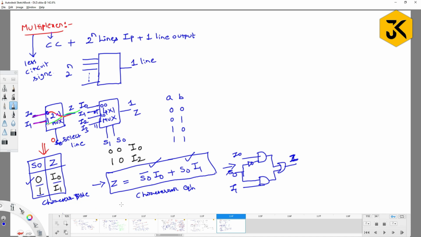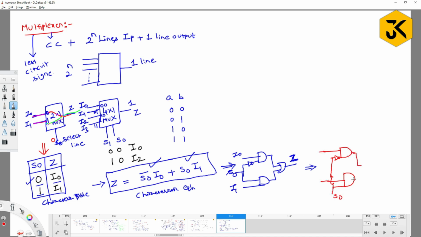If you observe the same circuit cleanly, I can redraw it like this. Try to observe, I am just making the indication, S0.